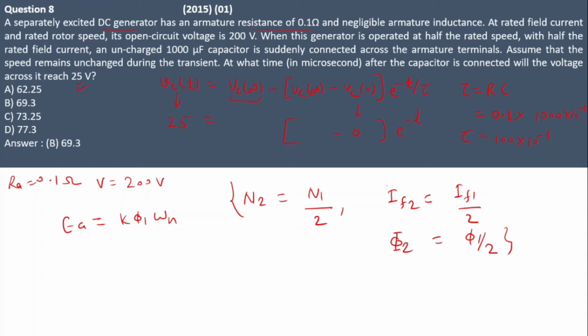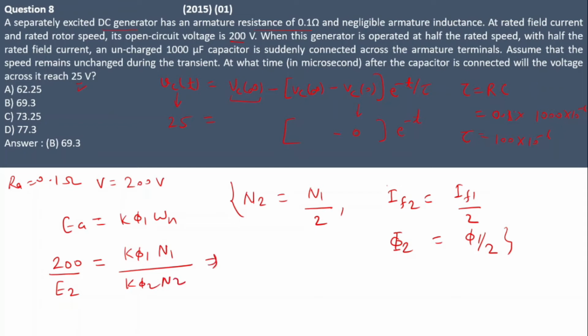Negligible armature inductance, at rated field current and rated rotor speed, its open circuit voltage is 200 volt. So open circuit voltage, there is no load connected. So E1 is 200, and E2 you have to find out at the new speed. Because the ratio is given to you, E1 divided by E2 equals K phi 1 N1 over K phi 2 N2.